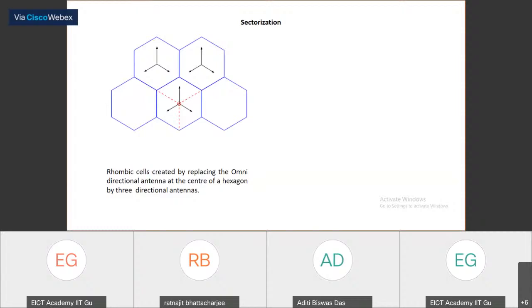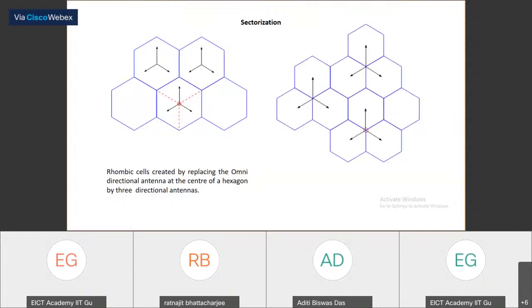This is one solution. The other solution of sectorization is what is followed in GSM systems. It does not put the antenna at the center of the hexagon. The base station antennas are put at the junction of three hexagons. So the antenna giving coverage to this hexagon is essentially serving the entire hexagon.